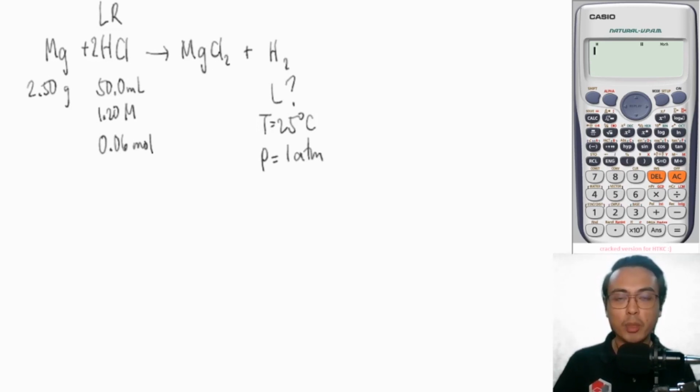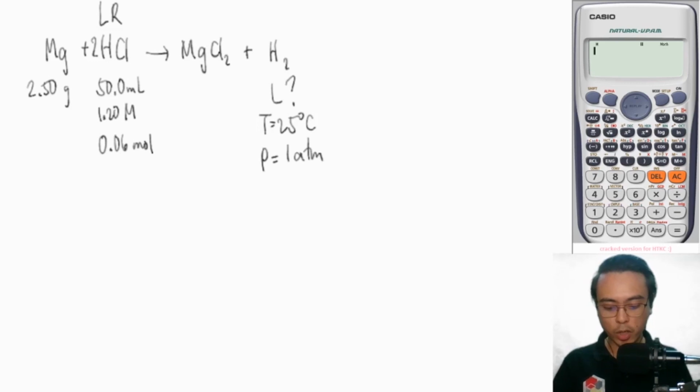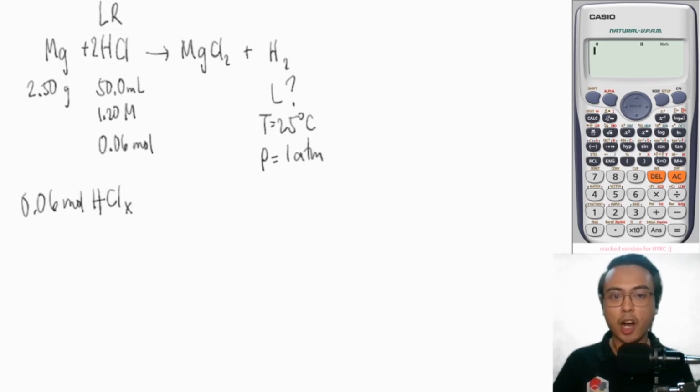Since we know what the limiting reactant is, we can already proceed to the determination of the number of moles of our products, which in this case is hydrogen. So we start with 0.06 moles of our limiting reactant HCl, and we want to determine how many moles of hydrogen can we produce.